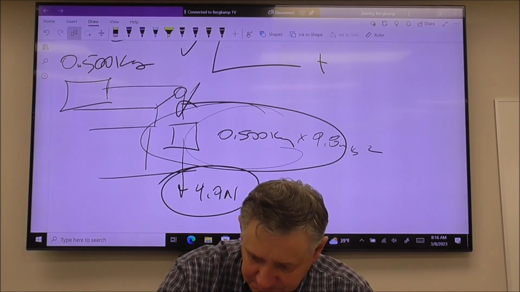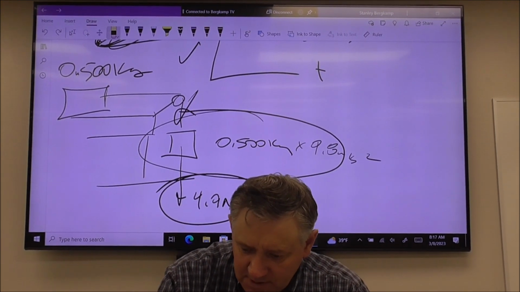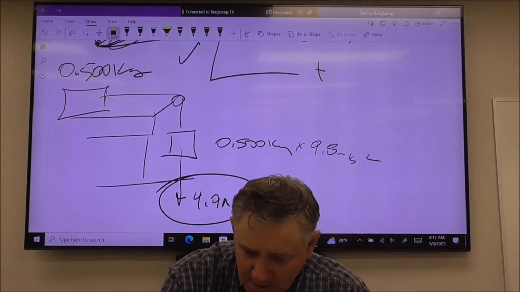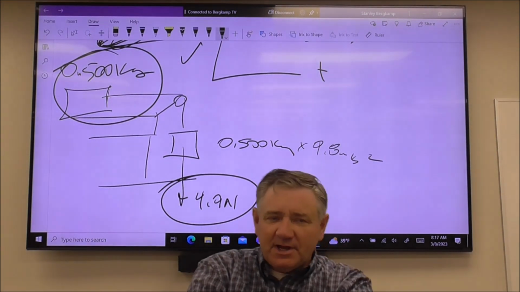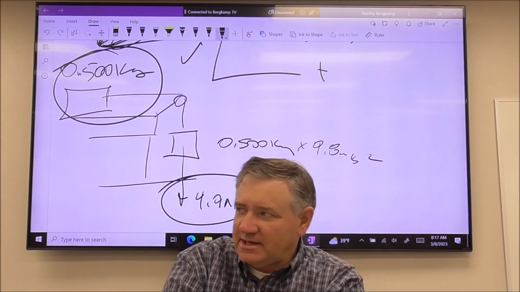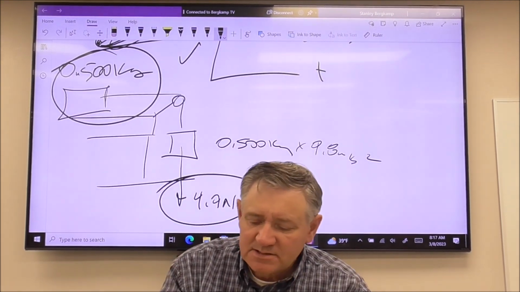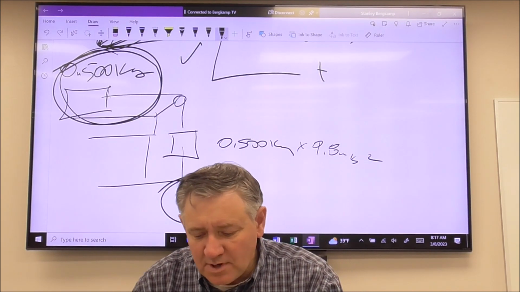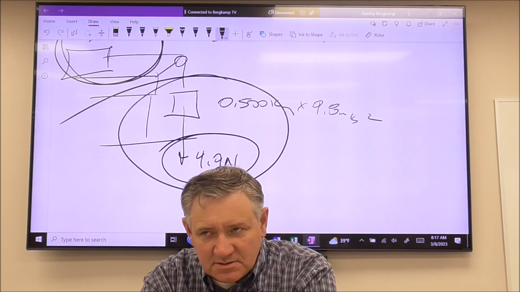Now, situation number two is that we don't cut the string, but Jaden has to drag along her little brother. Okay, so Jaden's gone out on the date. Mom and Dad said, hey, you got to take along your little brother. Jaden's going, oh, really? Okay, so when Jaden takes along her little brother, what's that going to do to that 4.9 Newton force?